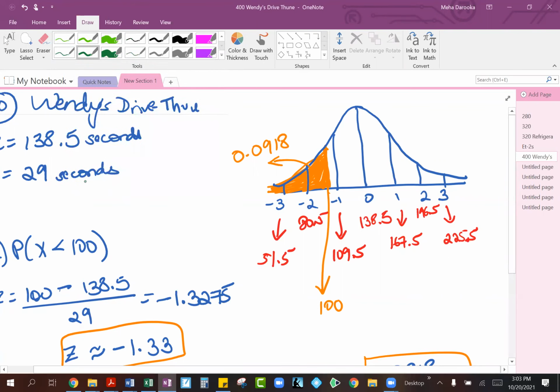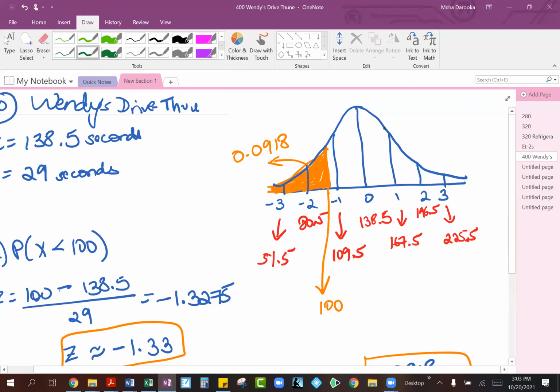We'll use a different color for our 160 seconds. Again, 138.5 was our mean, and the first standard deviation is 167.5. So you can see 160 falls between 0 and 1 standard deviation, closer to 1, because it's close to 167.5.